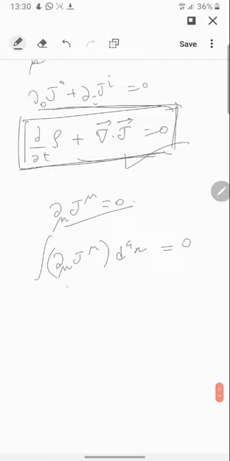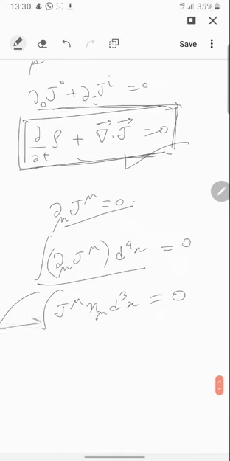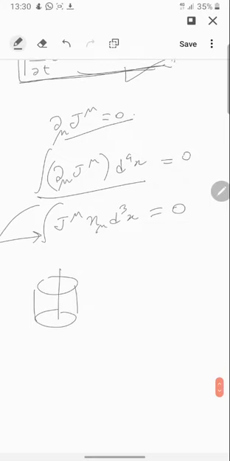Since it is a boundary term, it can be converted to J mu n mu d3x, and this will still be 0 by Gauss's divergence theorem applied to 4-dimensional space time. If we again think of the space time as that cylindrical geometry which we have used so many times, for the upper disk and lower disk at T2 and T1, this will give us J0 n0, where n0 is 1 here. So, the integral of J0 d3x will be 0, defined at T2 and T1.